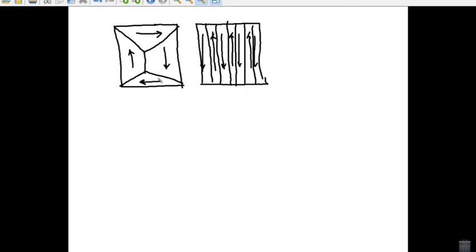So this is the ideal domain configuration in a single crystal of a cubic ferroelectric material, where the coupling to strain is negligible. On the right is the configuration adapted when strain effects are important.